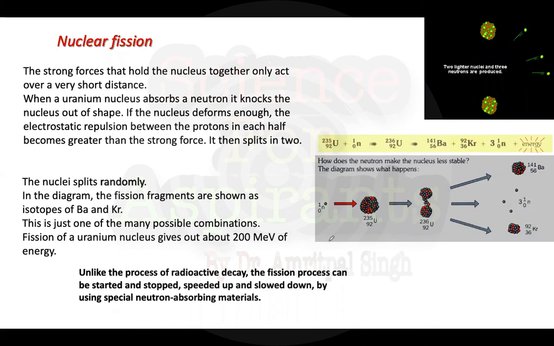There are a large number of rotations and vibrations, and due to these deformations, the electrostatic repulsion between the protons within the nucleus becomes greater, and the large nucleus splits up into two small nuclei.